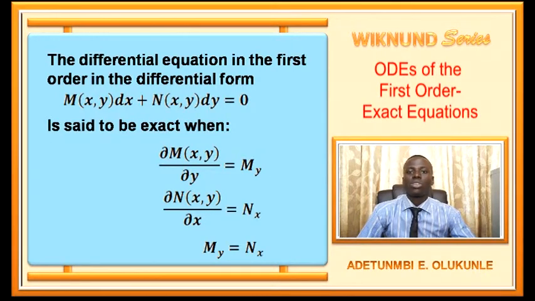So a differential equation is said to be exact if the partial differential of M with respect to y gives the same value as the partial differential of N with respect to x.